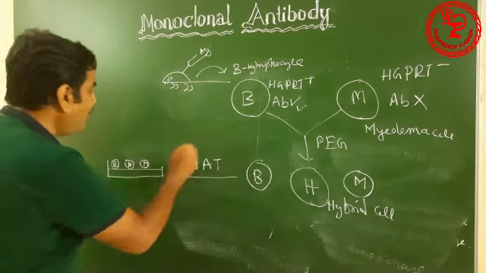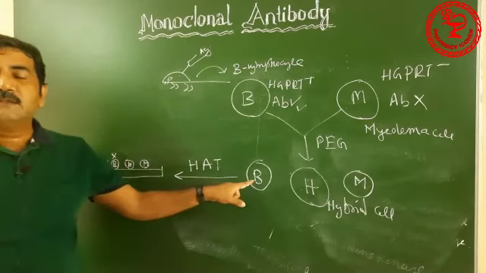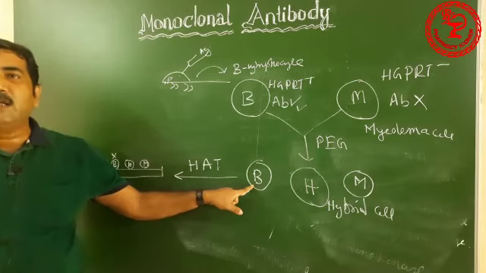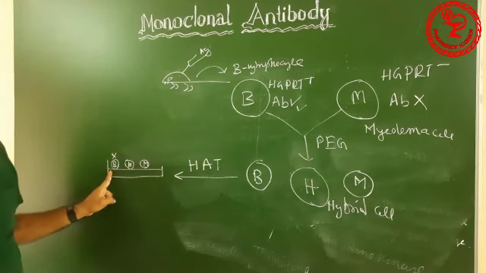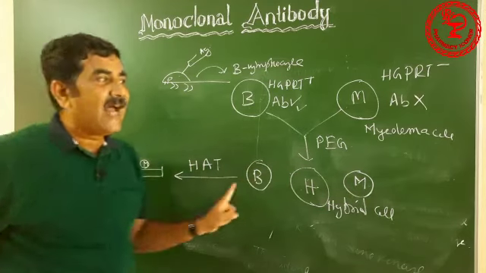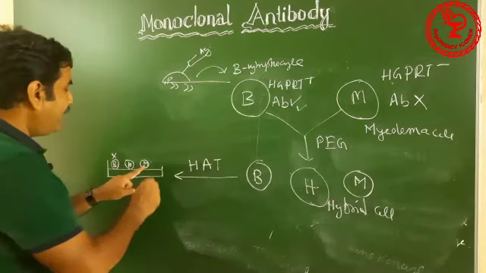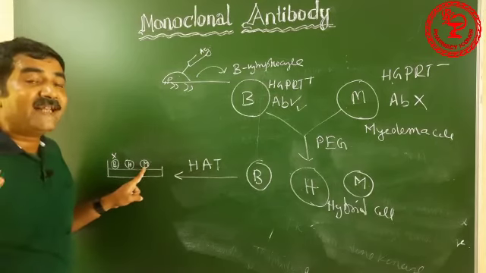B cells will die their natural death, because as you know, B cells cannot survive outside the body for long. M cells will die because they are HGPRT minus, that is, they do not have that enzyme.